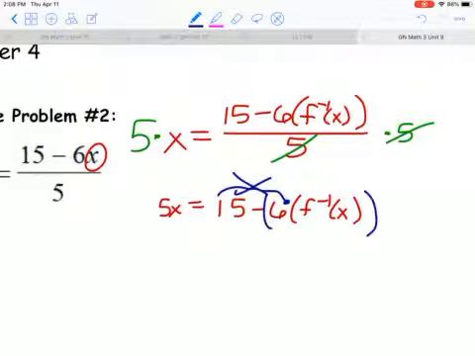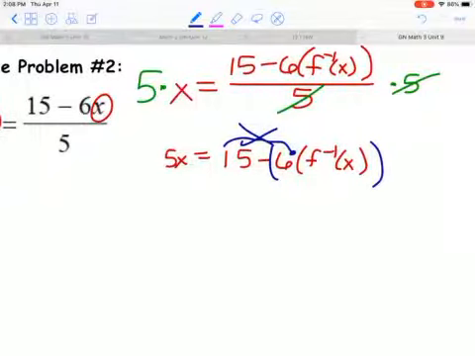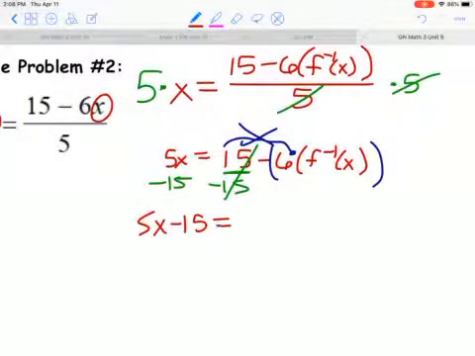There's like this invisible parentheses keeping them together.